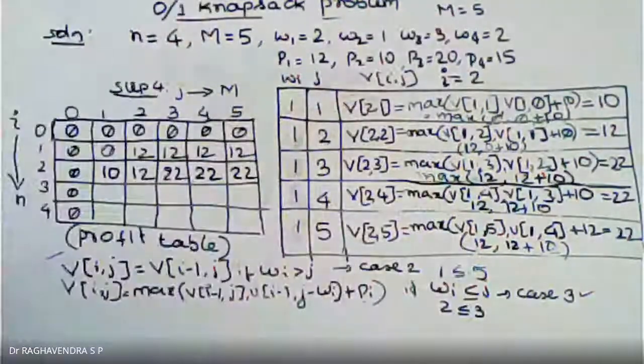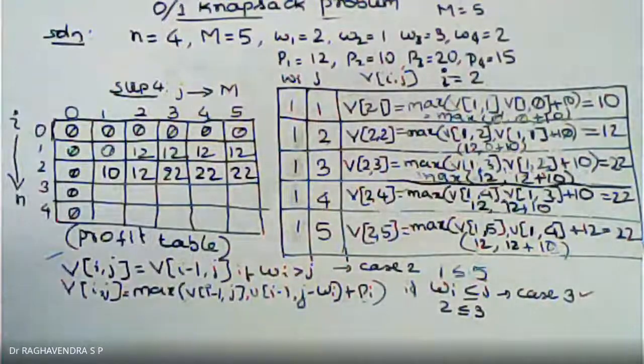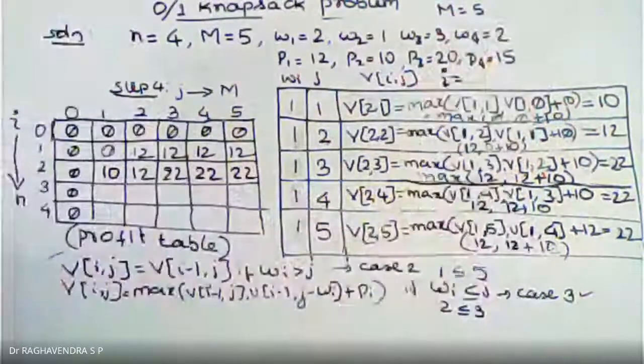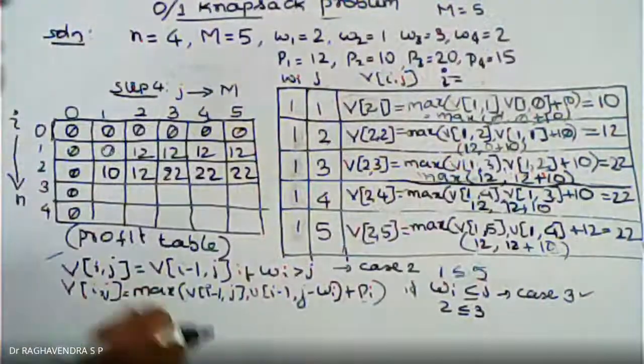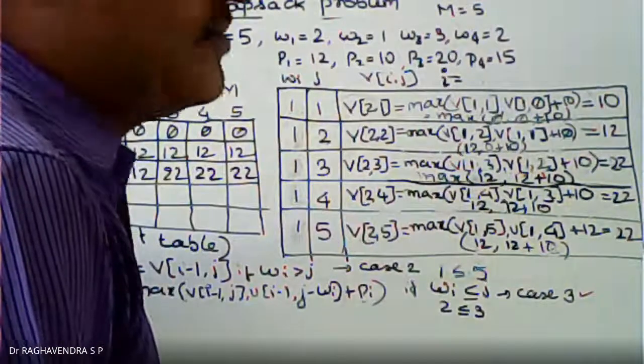Okay, so item 2 has been successfully inserted. Two items have been inserted: item number 1 and item number 2. The next item to be inserted is item 3.